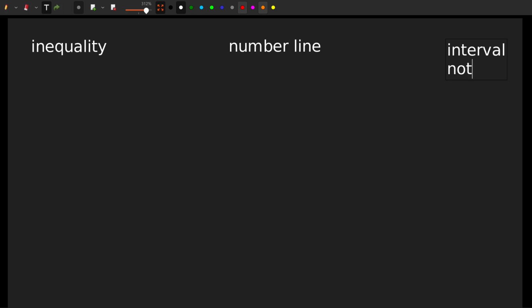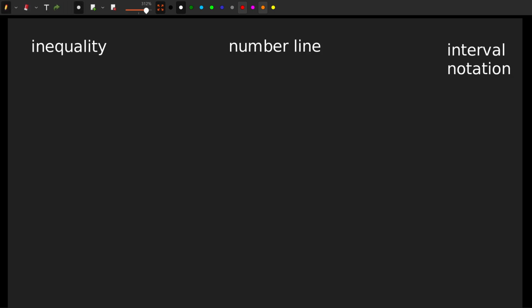So on one side, I'm going to basically draw a small chart for us. I'm going to start with inequalities. Then in the middle, I'm going to have a very brief number line. And then on the far right here, I'm going to have the interval notation. It'll make more sense once I build this all out for you.